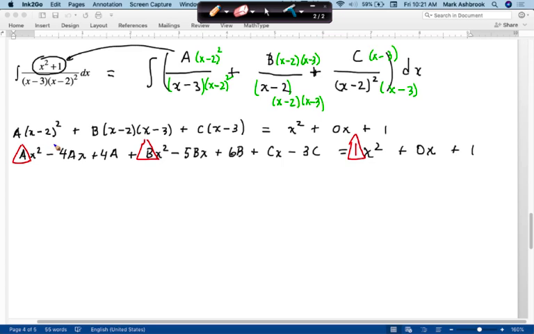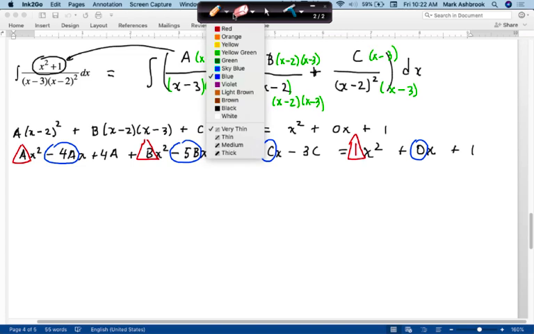Linear terms, minus 4a, minus 5b, and c. And that's going to be 0. What do you think? Orange or brown? Or violet? Violet.